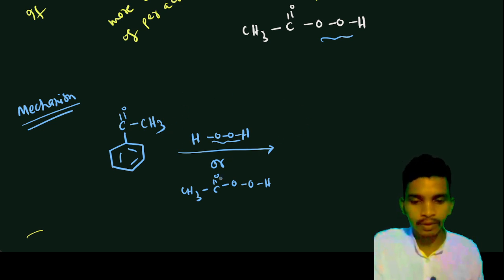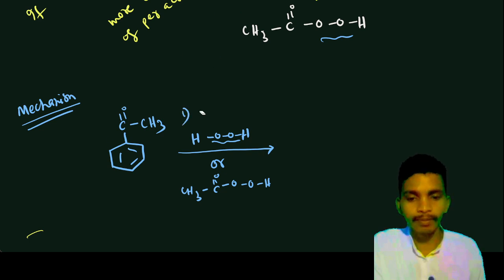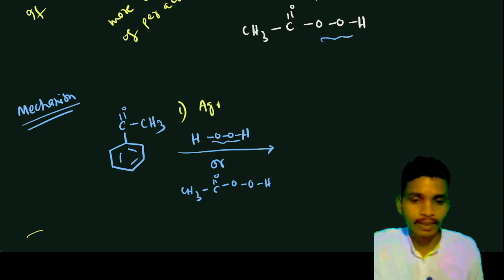So this is the electrophilic center. Before that, since this carbon is there, to increase the electrophilic character of this carbon, sometimes one more reagent may be given, because the reaction will happen very fast, a quick reaction, if you have AgNO3. What is the work of AgNO3?